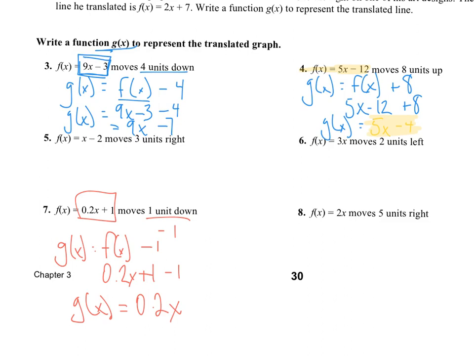Let's see what it looks like when we change the input. Depending upon if we have a number outside of our x, it changes things quite a bit. So number 5, here we go. g of x is equal to f of x, but now it's 3 units to the right. If I'm going to move 3 units to the right, we really subtract 3 from our input.